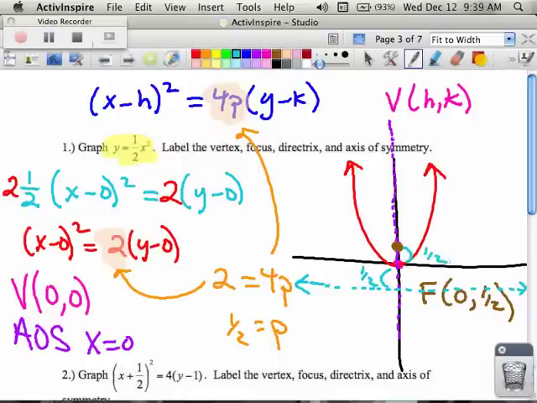I know this is 1/2 of a unit. The directrix, like the axis of symmetry, is a line. So if I want the equation of my directrix, it is going to be y equals negative 1/2, because that's the equation of the line that's 1/2 a unit below my vertex, that's horizontal.